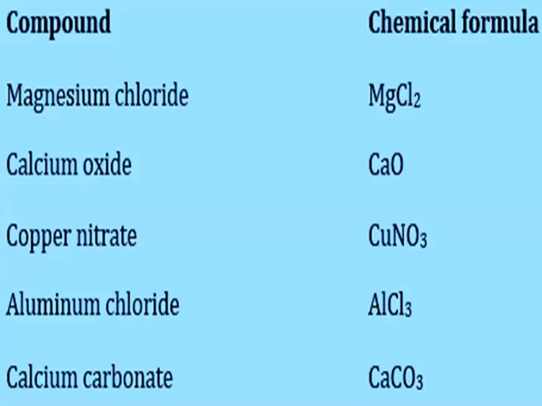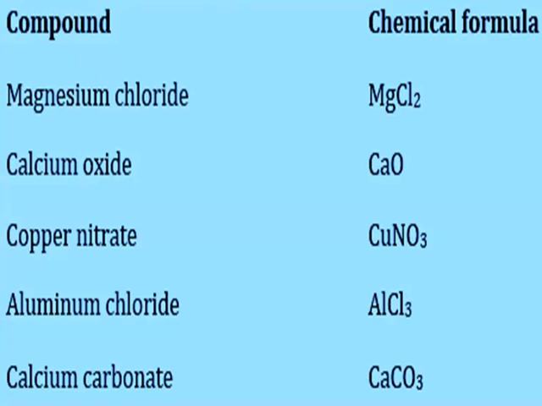Similarly, if we see the following compounds: magnesium chloride, MgCl2. The chemical formula helps us to know that an atom of magnesium and two atoms of chlorine are in a molecule of the compound. Calcium oxide, CaO: an atom of calcium and an atom of oxygen form the molecule of the compound when bonded chemically.